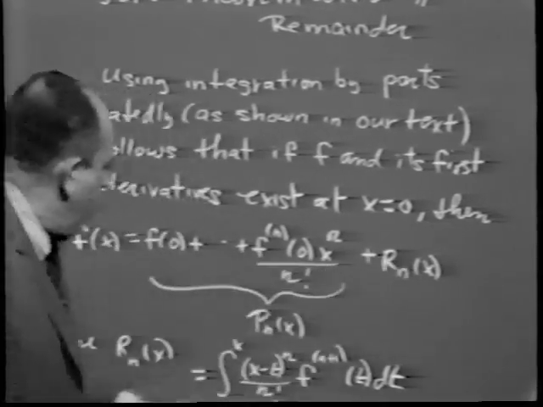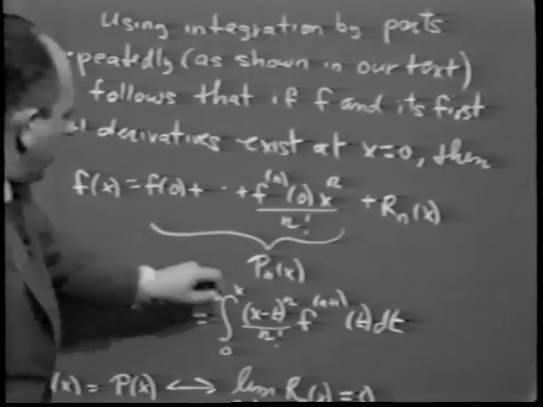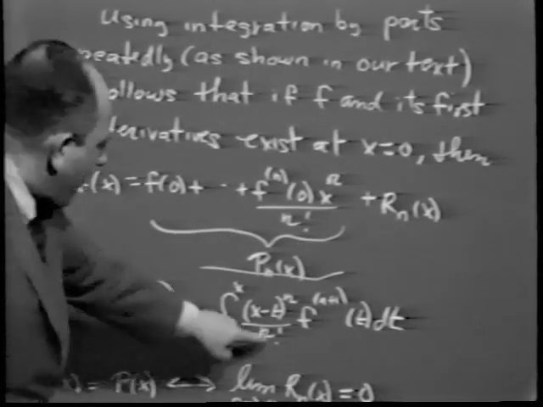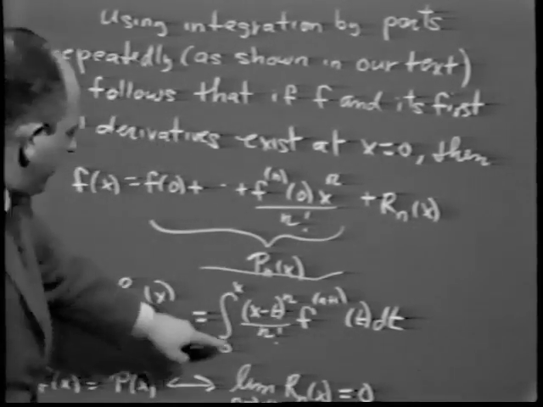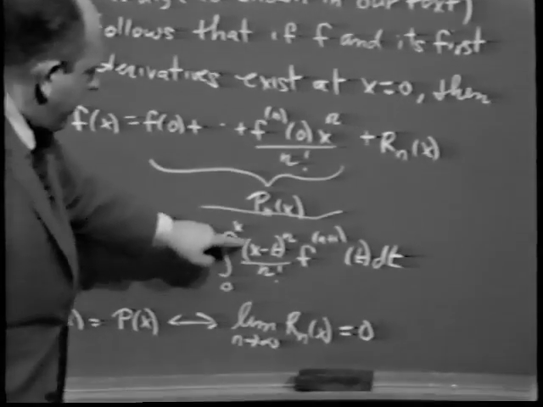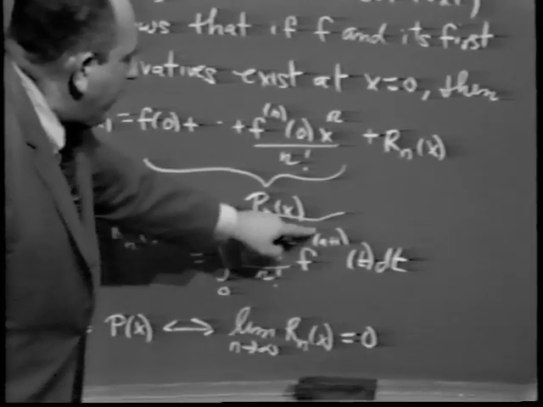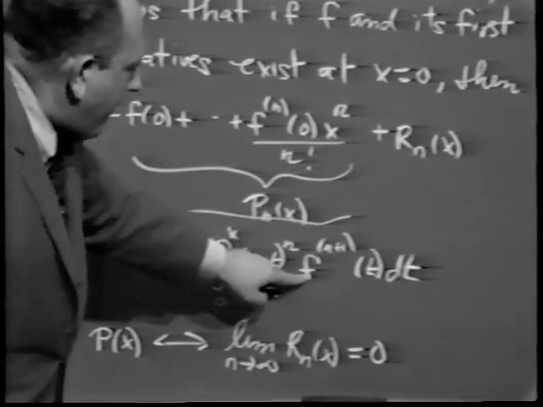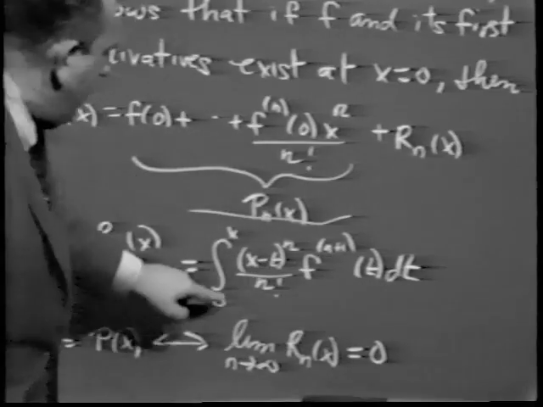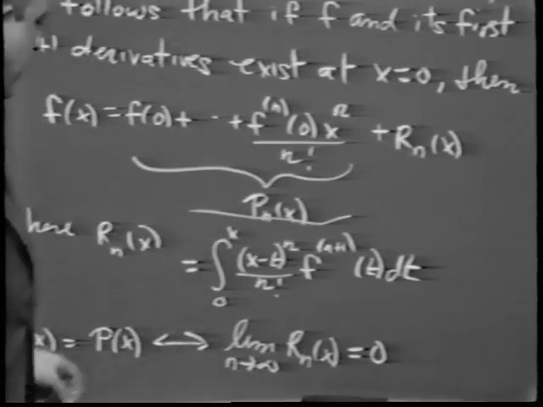And then you see computationally the text shows what that remainder term looks like. It happens to be the integral from 0 to x of (x minus t) to the nth over n factorial, times the (n plus 1)st derivative of f of t, dt, from t equals 0 to t equals x.